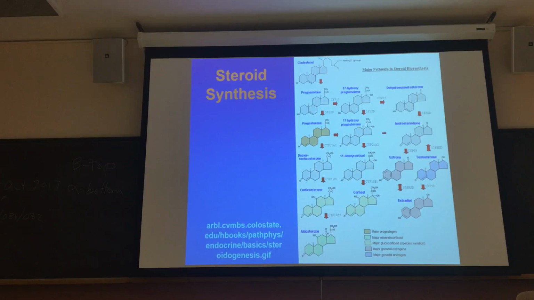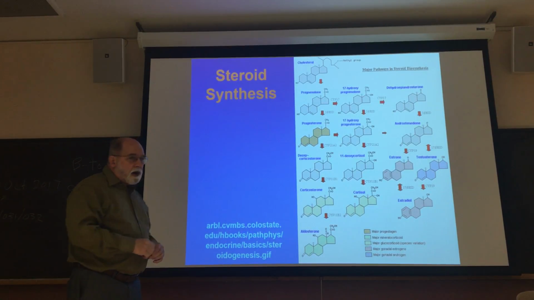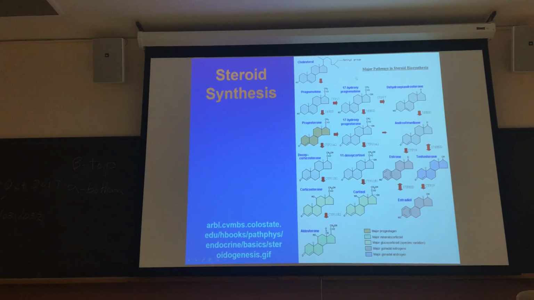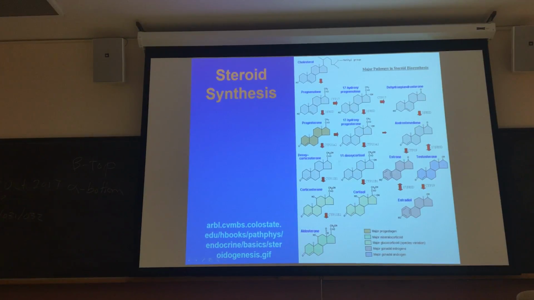Steroid synthesis. This is a compilation of all the steroid pathways wherever they occur. What you need to know about this set of pathways is that not all steps occur in every tissue that makes steroids. In fact, it's usually a subset of the steps that are shown.